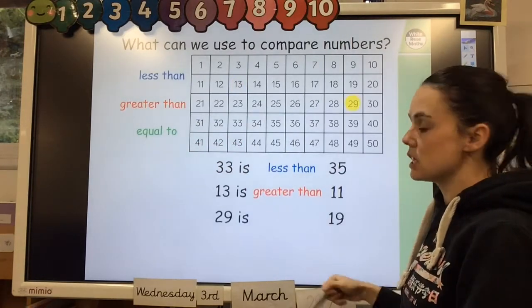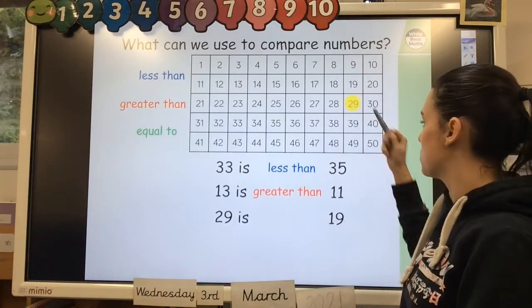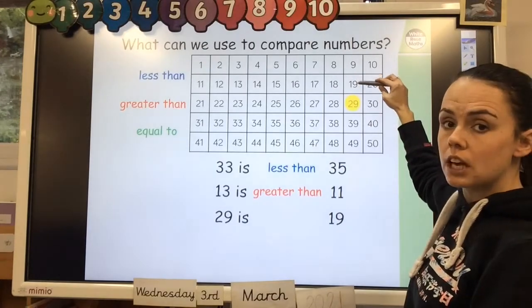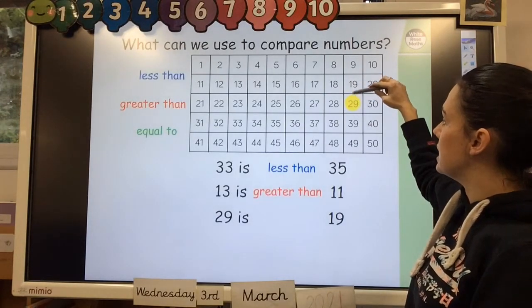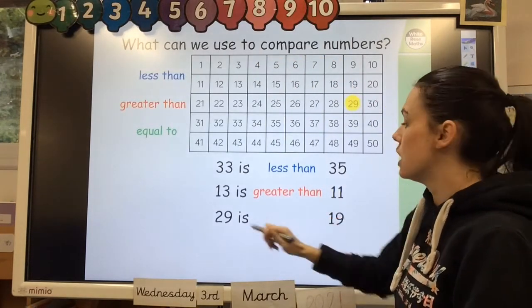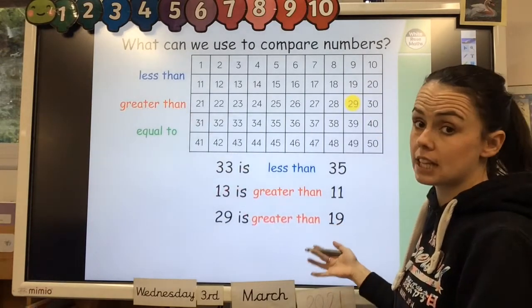Our next one is 29 is something to 19. So 29 is here. 19 is here. So a whole 10 smaller. So 19 is closer to 1. Therefore it must be smaller than 29. So 29 is bigger than 19 or greater than 19.